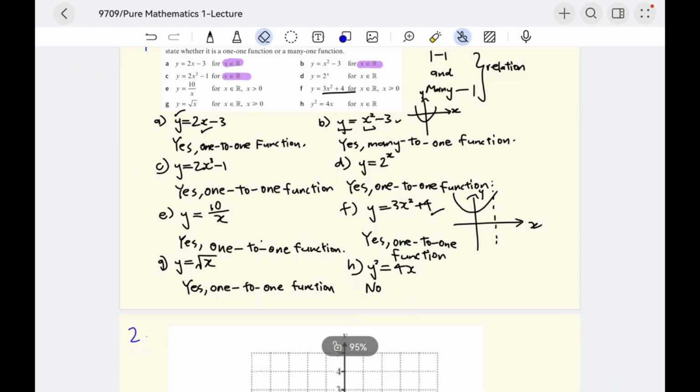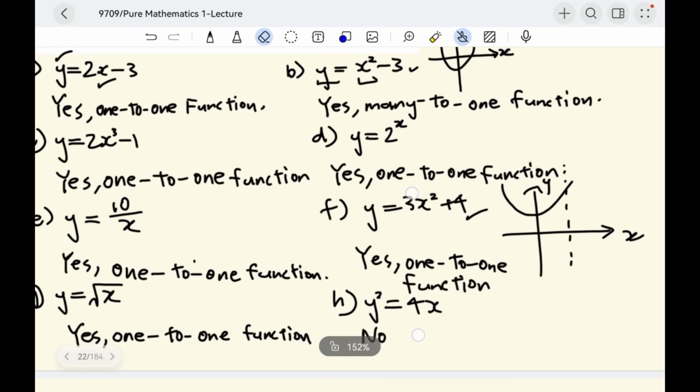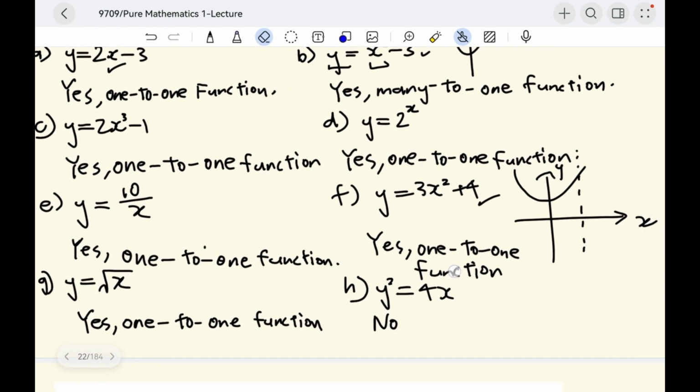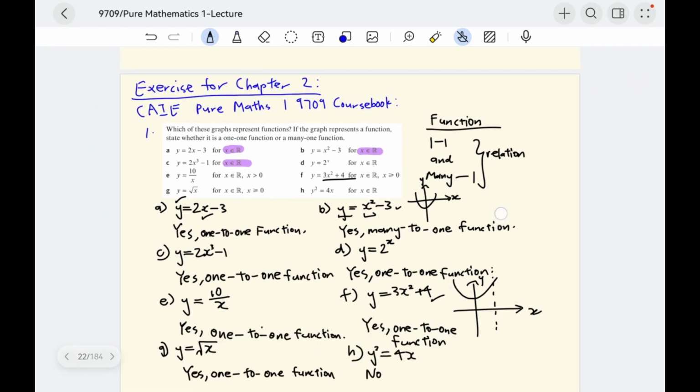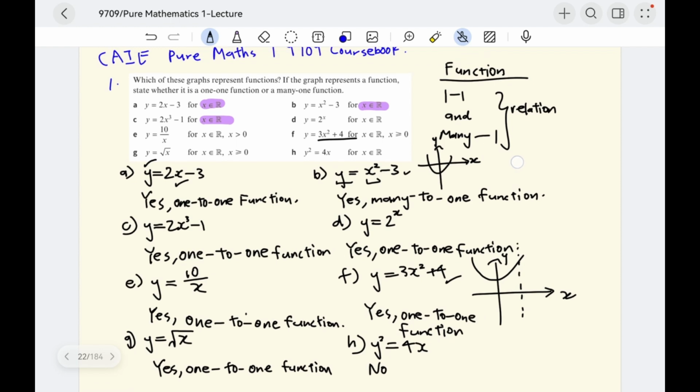So if it is not a function, this equation is neither a one-to-one nor a many-to-one relation. So that's the end of the discussion for this first question.